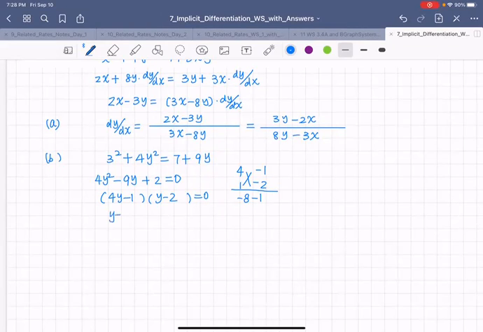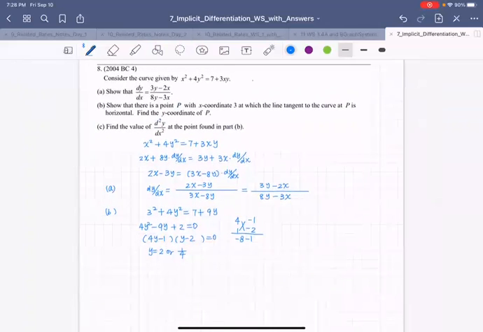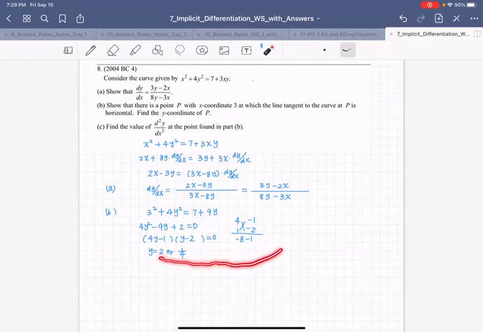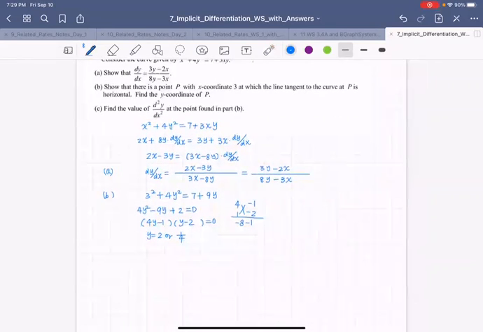So y equals 2 or 1/4. Okay. So based on this x value, we can find the y value here. And let's plug those values in here to find if this dy over dx is 0, so that it's a tangent line, okay? Does that make sense?